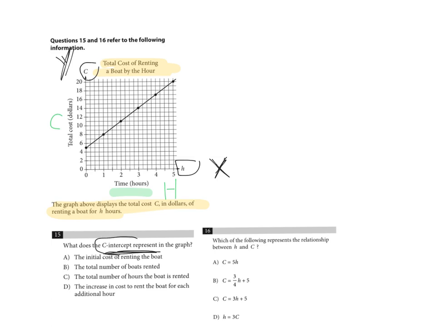Well, what is the C-intercept? Here's our C-axis. I want to know where the line hits the C-axis. So this question is asking you, what does this point represent? That's the point 0, 5. Usually we have x, y is 0, 5.